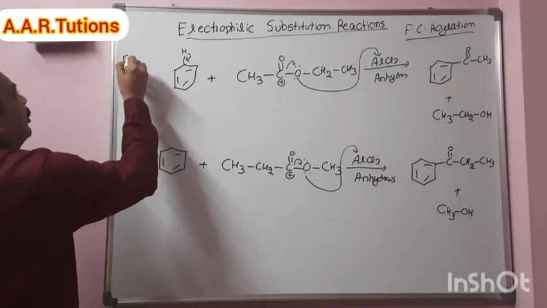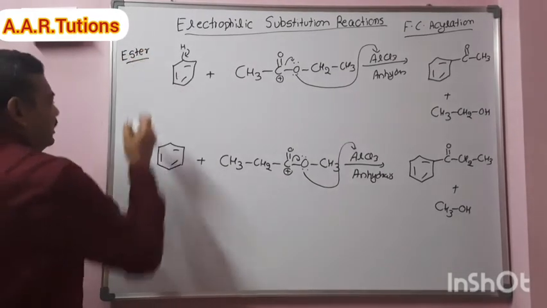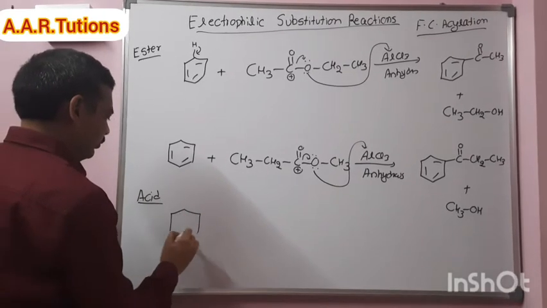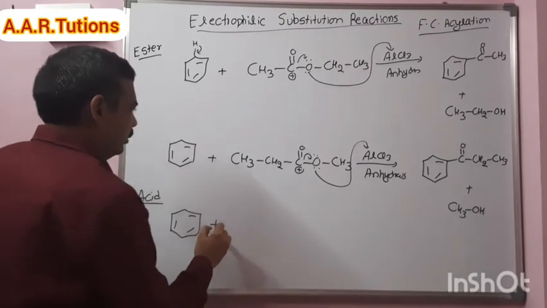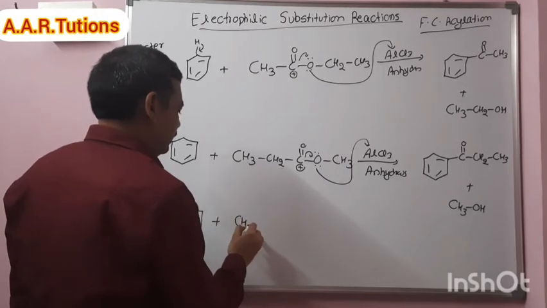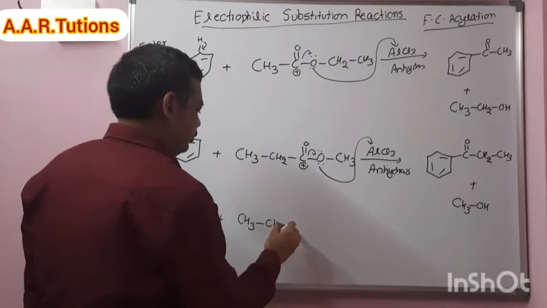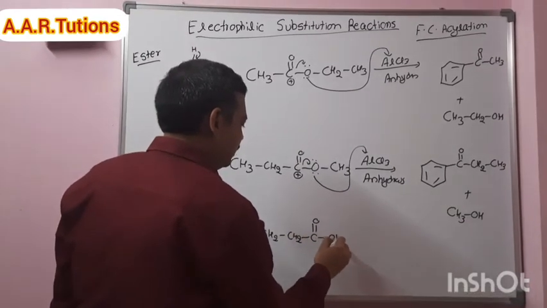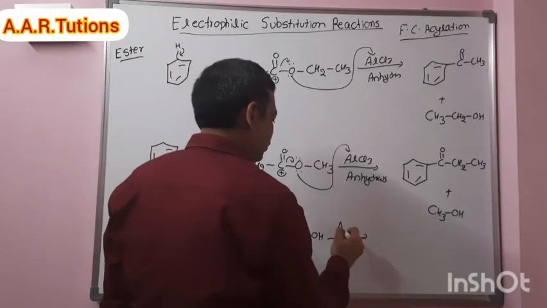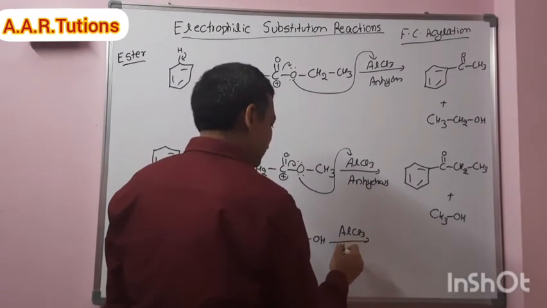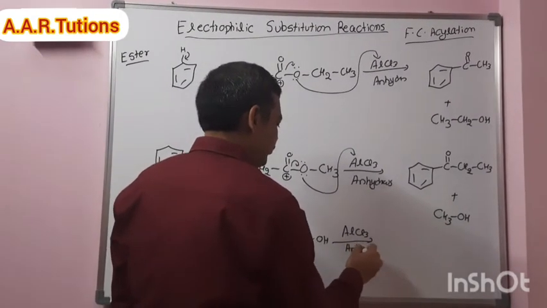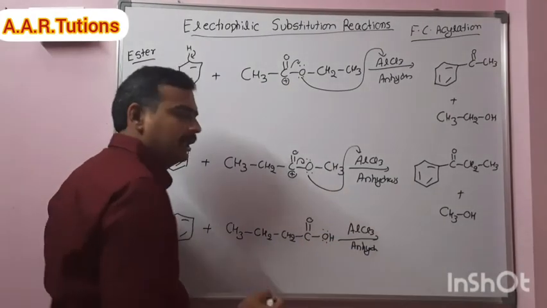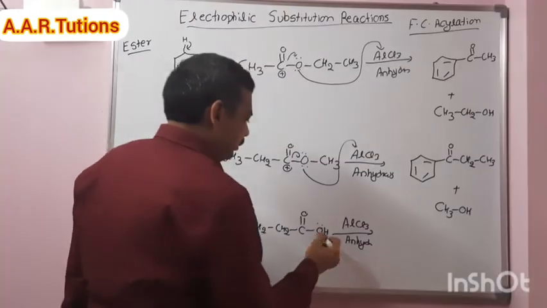Ester is over. Now we will discuss one problem with acid. Write the product formed when benzene reacts with butanoic acid, CH3CH2CH2COOH, with AlCl3 anhydrous. The mechanism is similar to anhydride and ester.